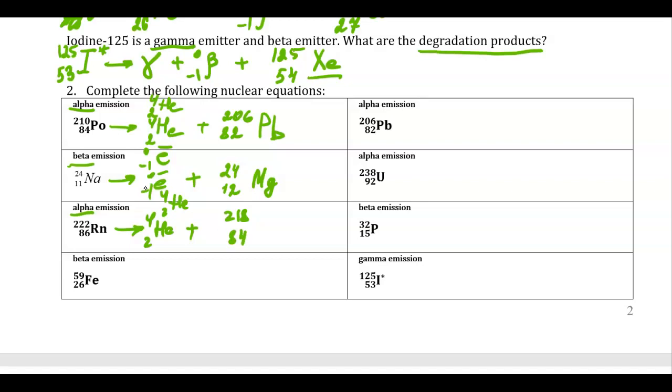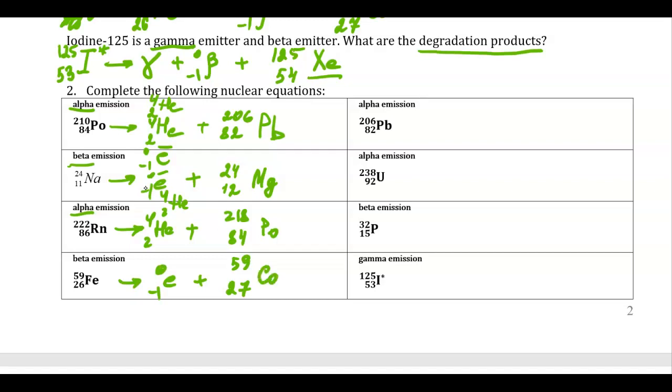That gives us polonium. Here, iron, beta emission. Electron here, and 27 and 59. Mass is still the same because it's 0, no mass here, and it's cobalt.